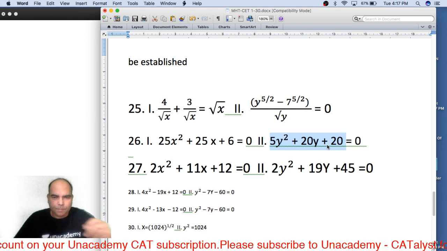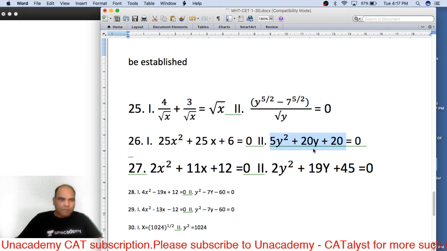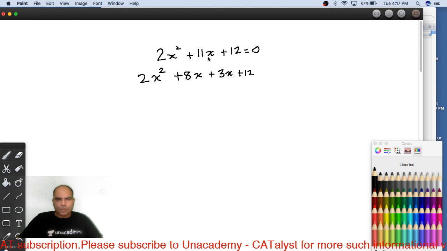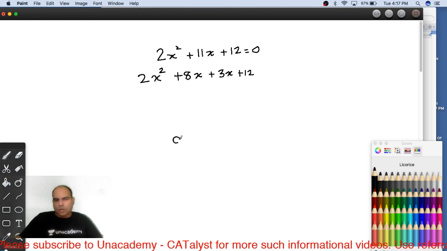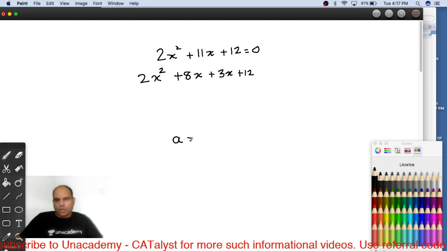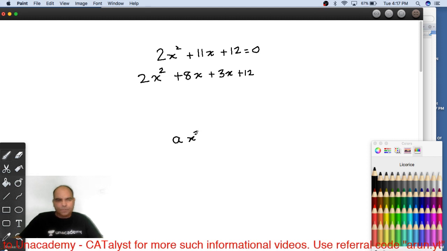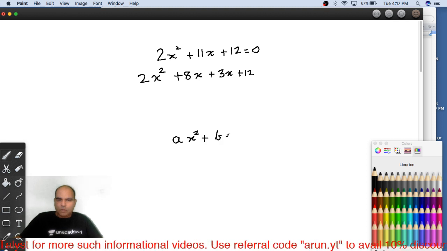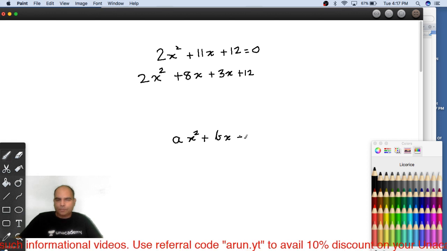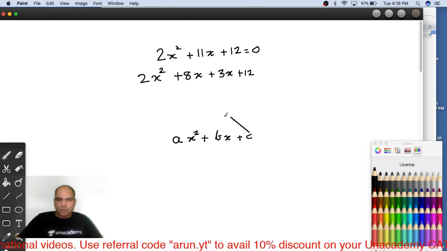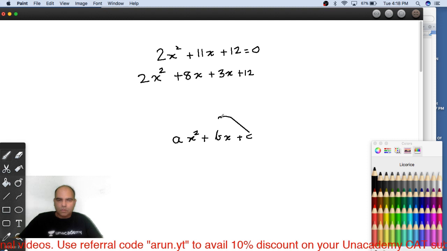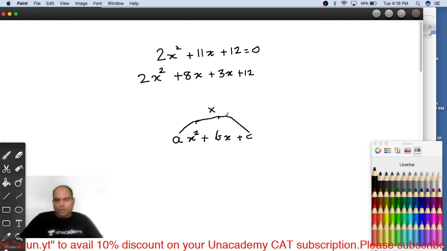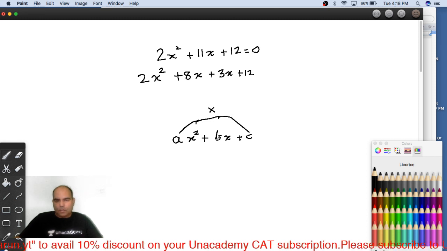So what are the principles that you should be able to realize for splitting of the middle term? The first thing is you have to look at when you're trying to split the middle term for any quadratic equation ax square plus bx plus c. You should first look at the value of a into c, the product of this, and then try to build that product using a splitting of b.